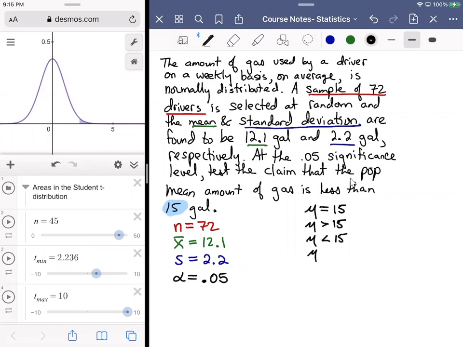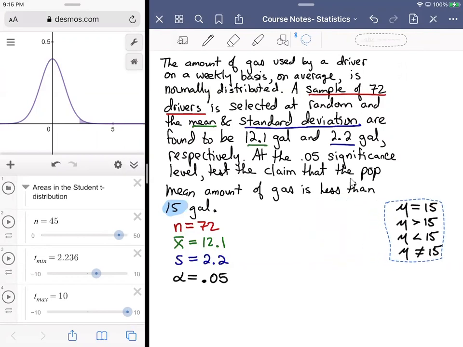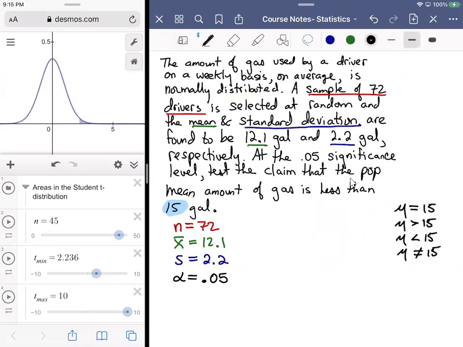It could just simply not be equal to 15. That's just in general, having nothing to do with this problem. That number is 15. We're talking about a population mean. Those are some possibilities. Now, from that, we pick the two that make the most sense based off the problem. So I'm just going to chuck those over here because I need to come up with the null, H0, and the alternative, HA.